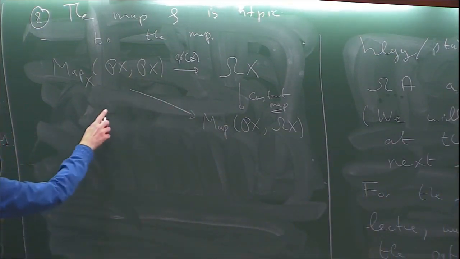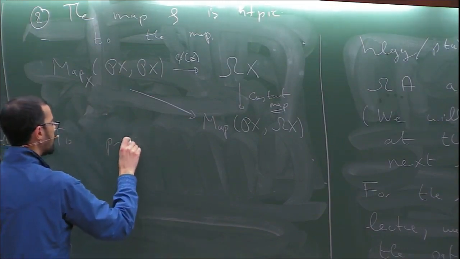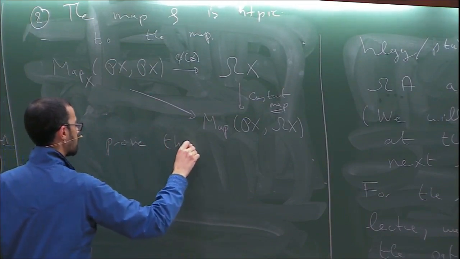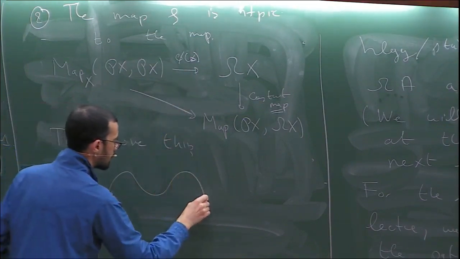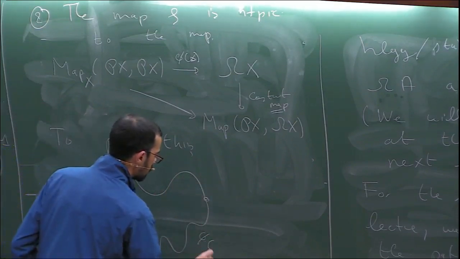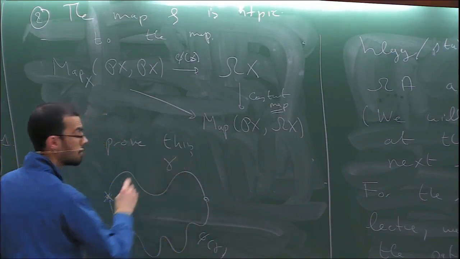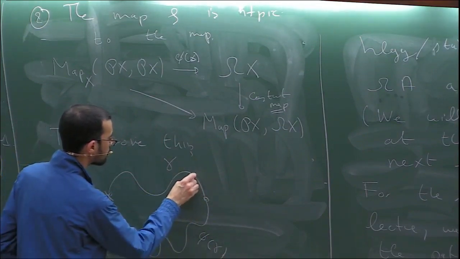Okay. What's the proof? To prove this, you don't have to do anything. Just draw a picture. So this rho map is like this. Phi of gamma, gamma. Now think about what happens when you take this gamma and you retract it.